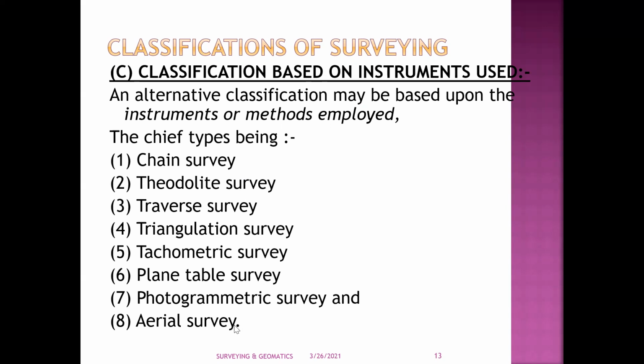So aerial survey, through aerial means, satellite based images, we are capturing a particular location. All the satellite images are compared and overlapped one over another, then we do the survey of the particular location. So this comes under the aerial survey.